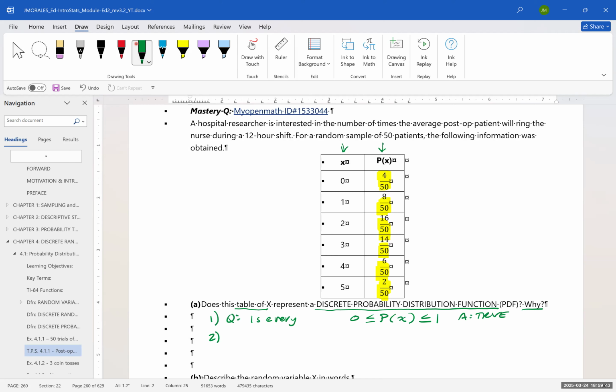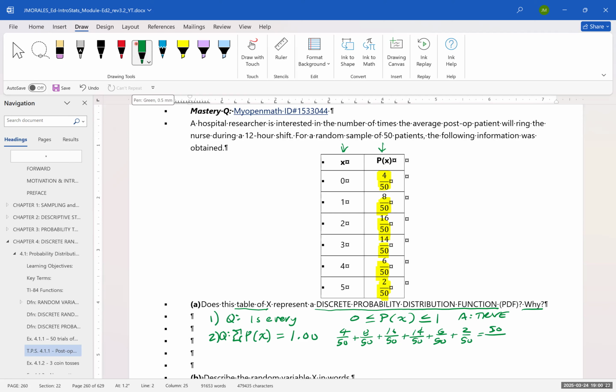Then question 2 is, does the sum of all of these probabilities equal 1? So if you add 4 out of 50 plus 8 out of 50 plus 16 out of 50 plus 14 out of 50 plus 6 out of 50 plus 2 out of 50, then all of the numerators should add up to 50.